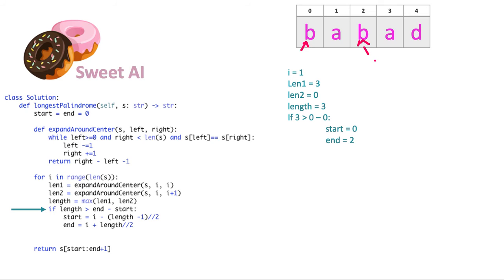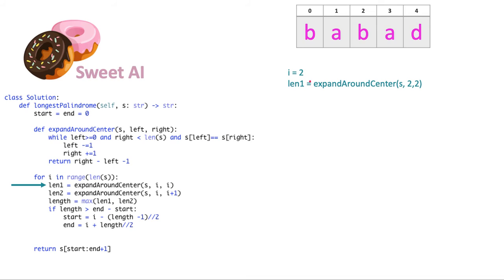And then i is here. We're going to check the odd cases, so it's going to check if this is palindromic, which it is, and then it's going to check these two, which is not palindromic. So the length 3 for this case is going to be the answer.